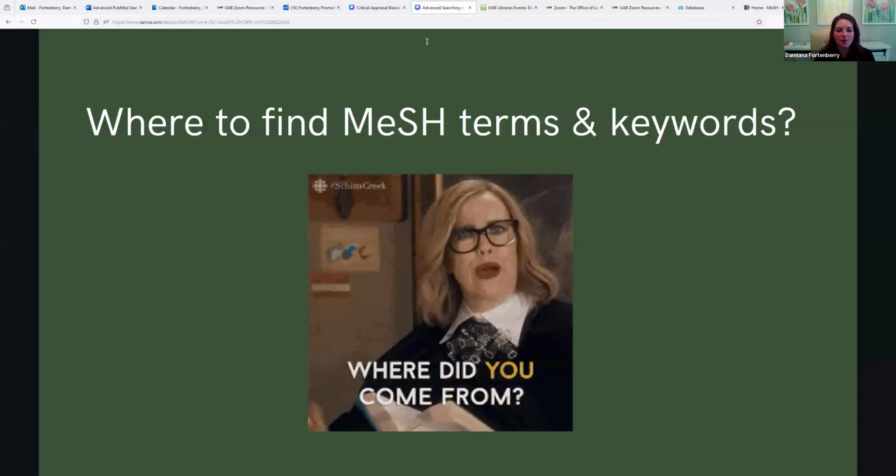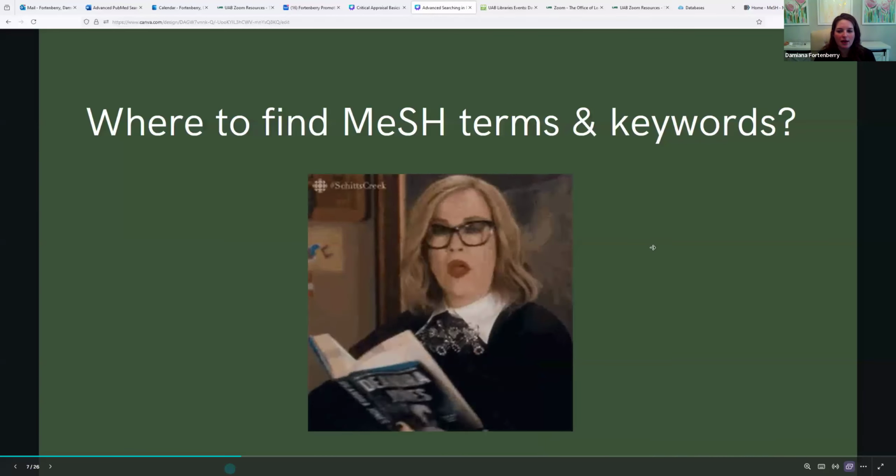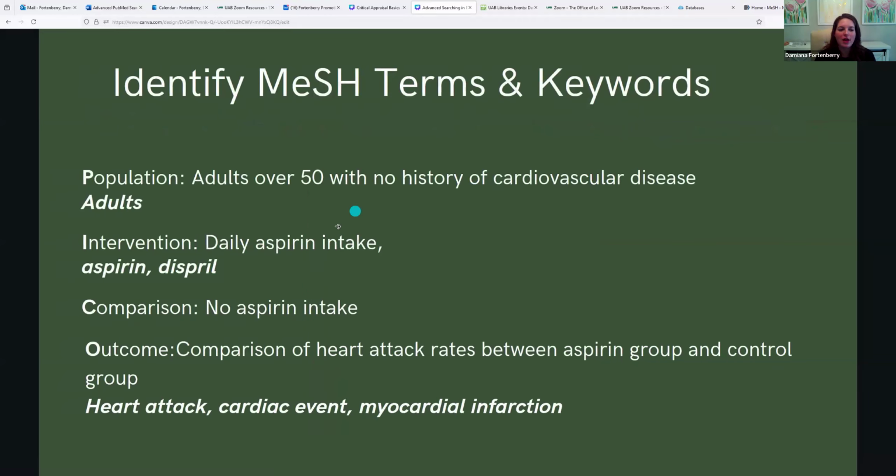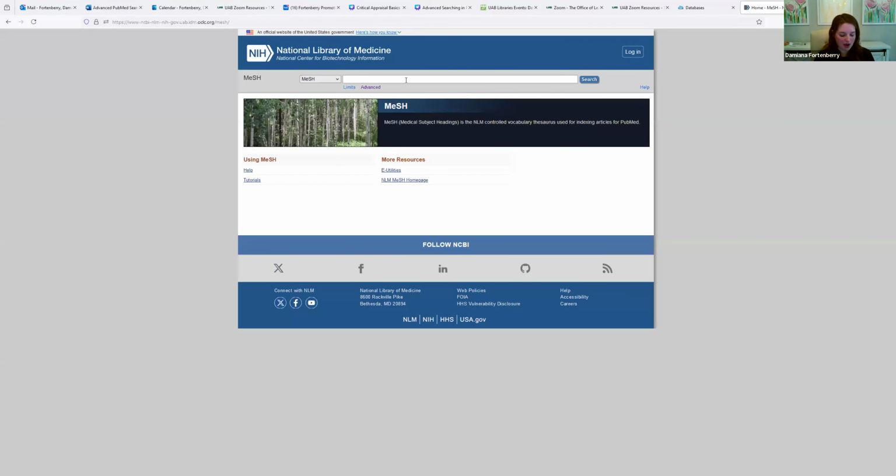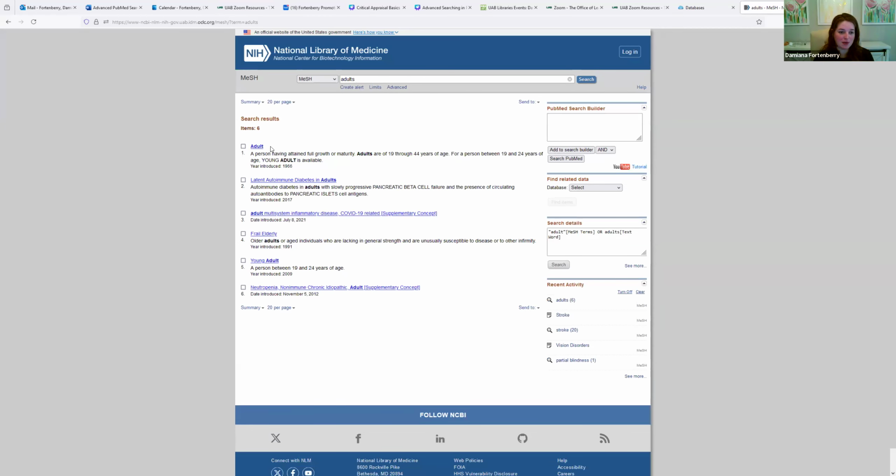So in our example, we had adults over 50 with no cardiovascular disease. So I'm going to look for adults. I could also maybe look for healthy adults if I wanted to see. That's one of the things about finding MeSH terms that are applicable to your concept.